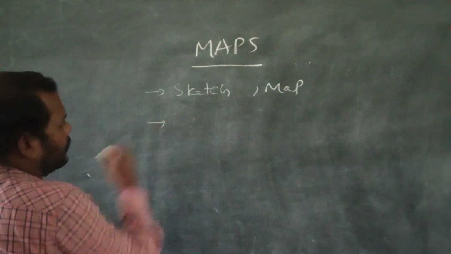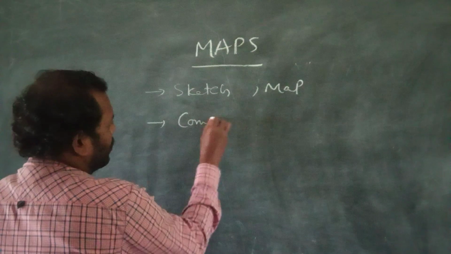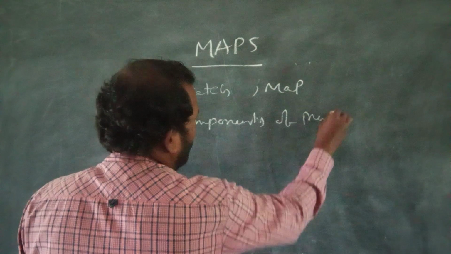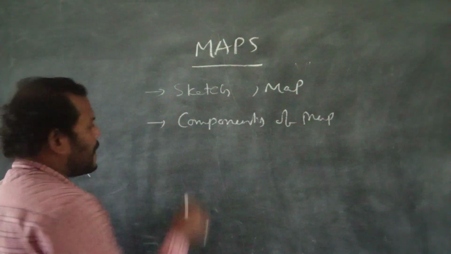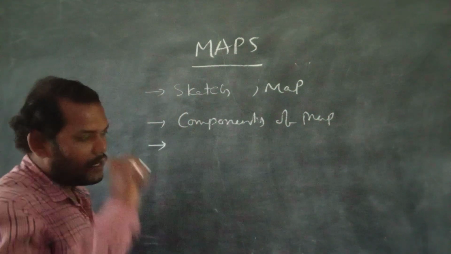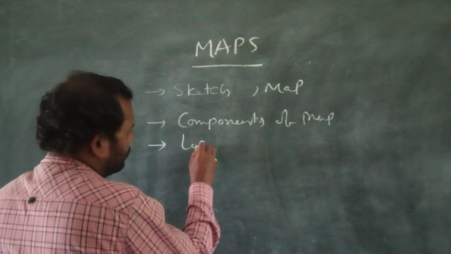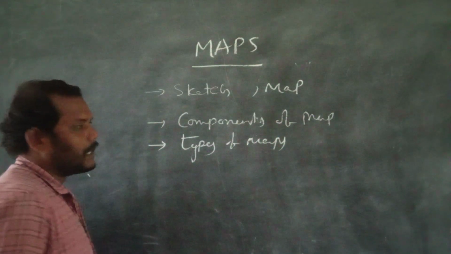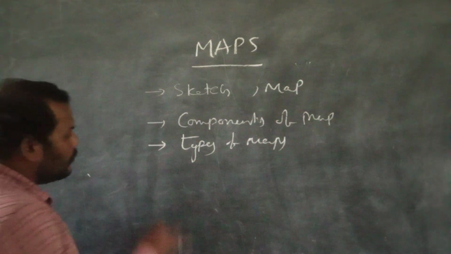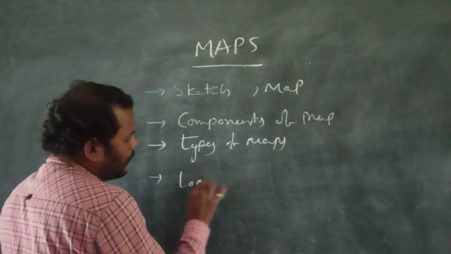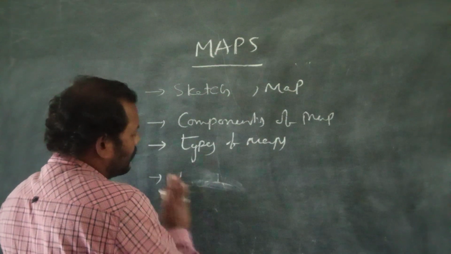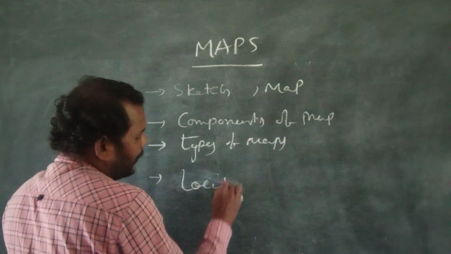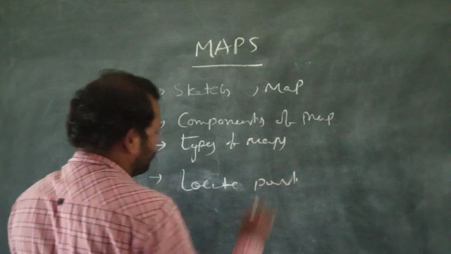Second one, components of the map. Third one, types of maps. Fourth one, location on maps, that means locating a point.